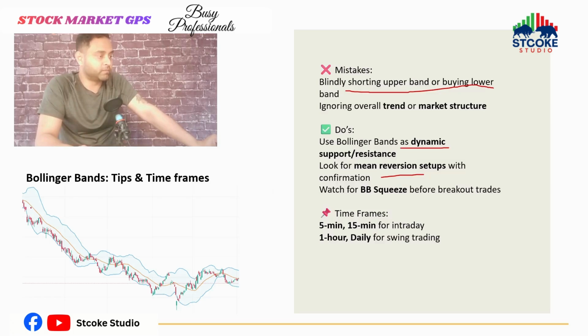By the way, this one particular line, this 20 SMA, which is the midpoint of the Bollinger Band, can also act as support or resistance. You see, in this particular case, it acted as a resistance. Here also it acted as a resistance. Here it acted as a support, and so on and so forth.